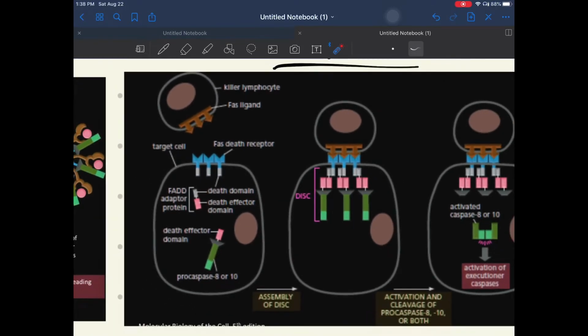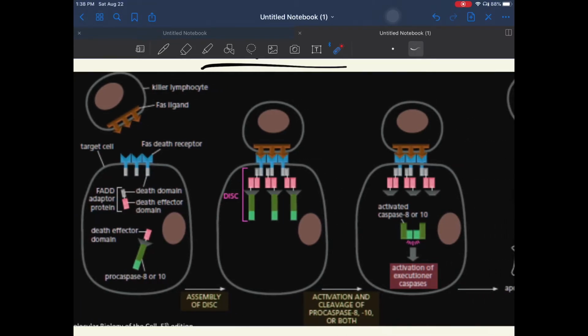So in this case, you're going to bind this ligand, this Fas ligand, onto the Fas receptors. That is going to recruit your death domain receptors or adapters. In this case, it's called the FADD, and that leads to the formation of a DISC complex. That's a death-induced signaling complex.